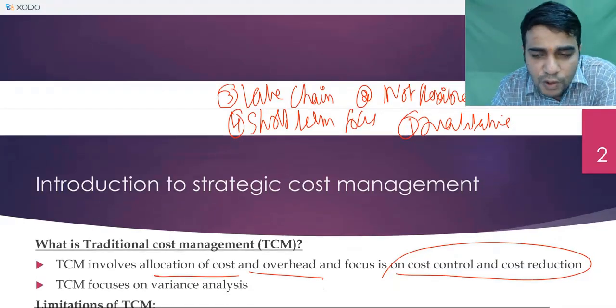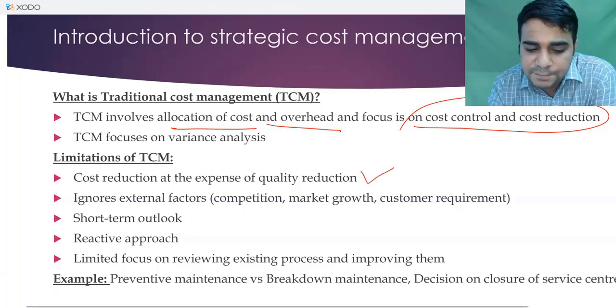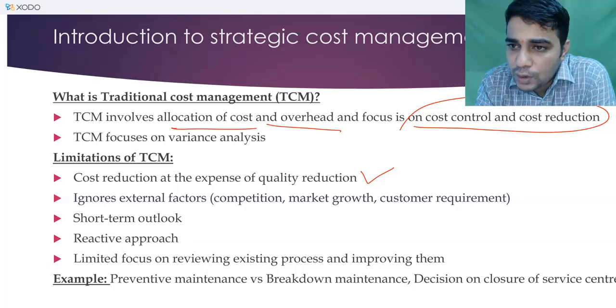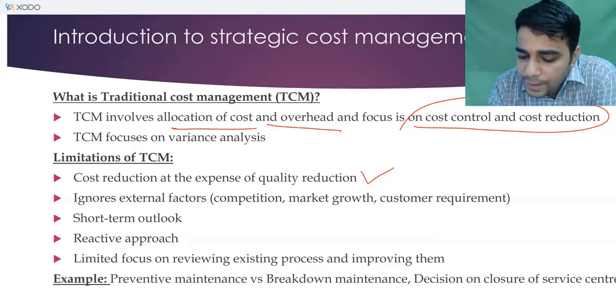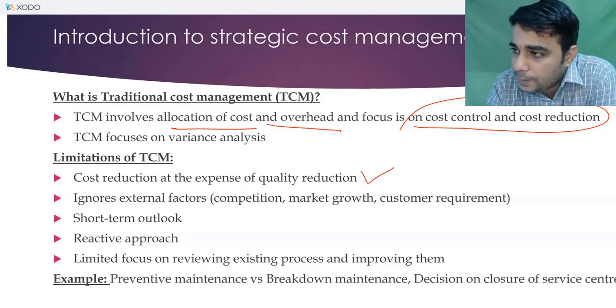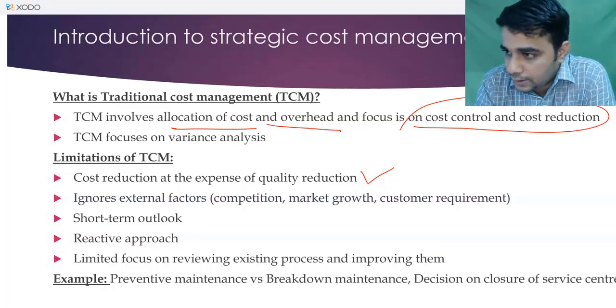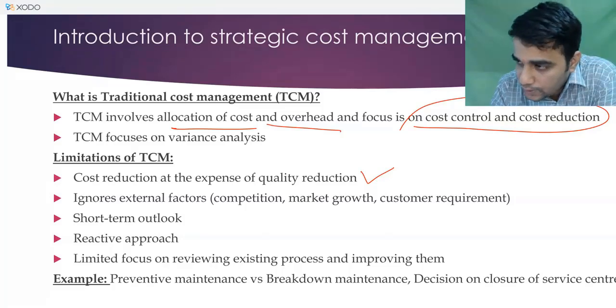So with cost reduction at the expense of quality, you are going to compromise on the quality of the product so that your costs are in check. You don't want to compromise on the cost side. Because of that extra focus on the cost side, the quality may get eliminated.